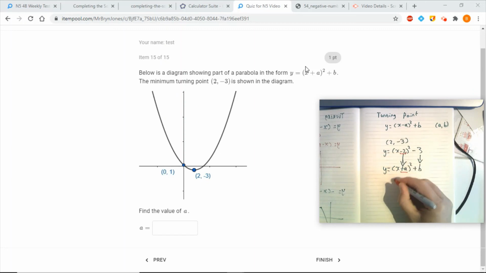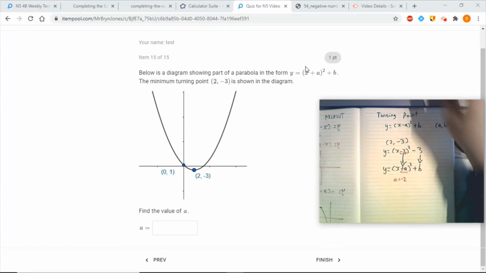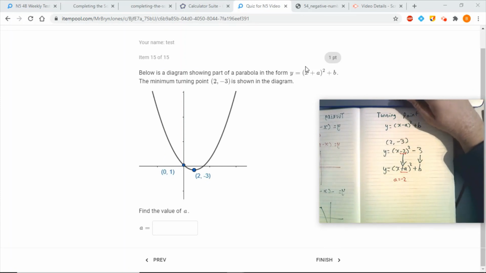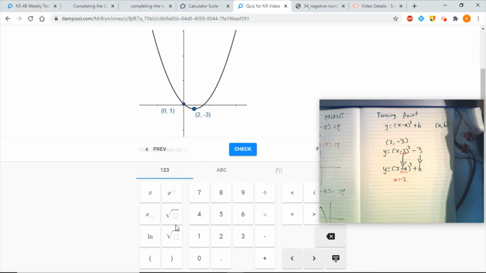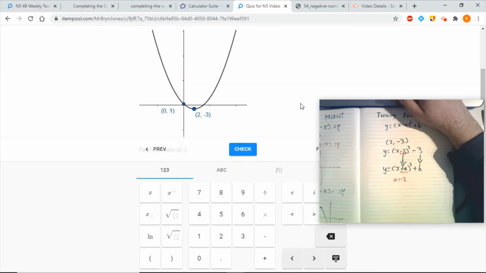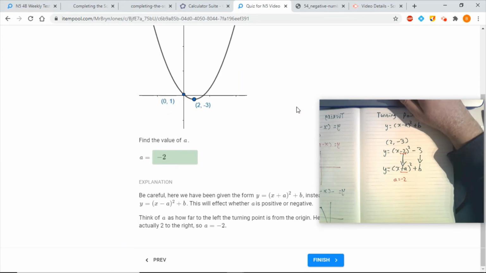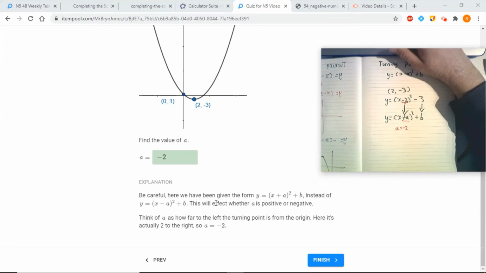It's going to have to be -2. And so our answer is going to be -2. Typed it incorrectly. Yeah. And you can see here there's a warning, be careful. We've been given the equation in the form y equals x plus a instead of x minus a. So that's going to change our answer.